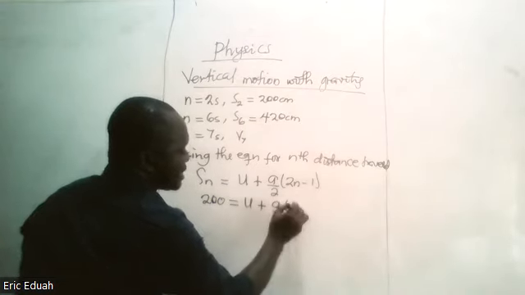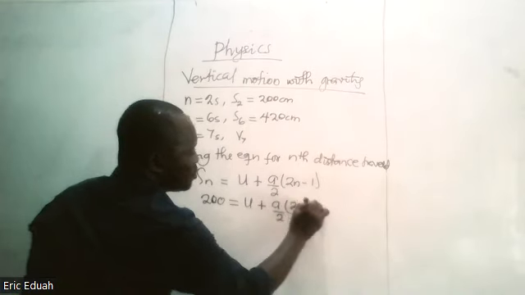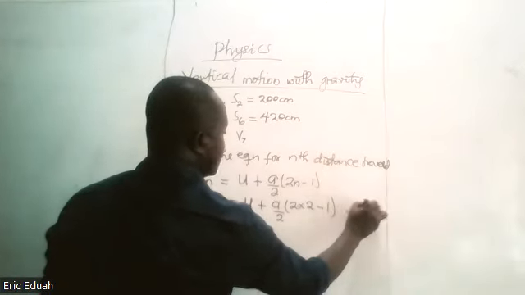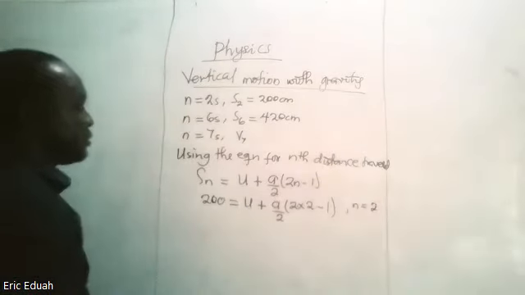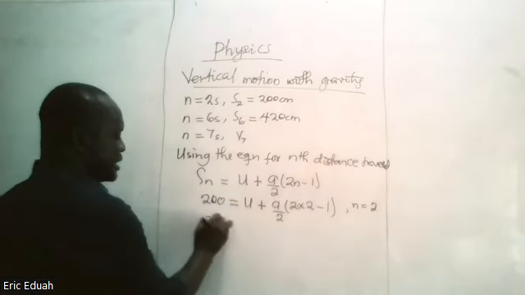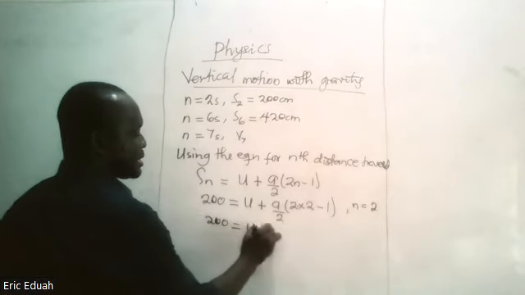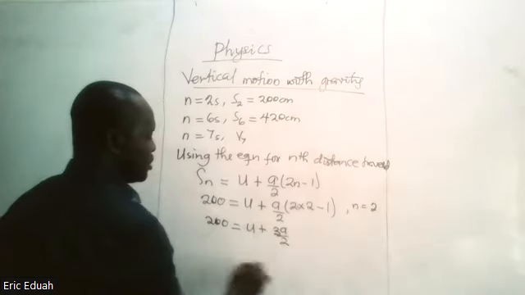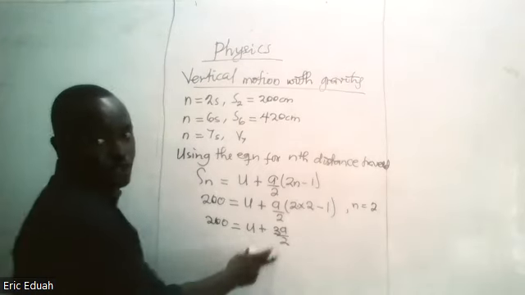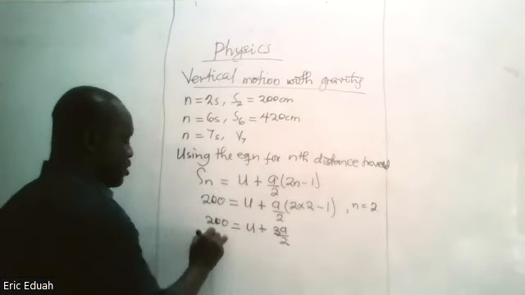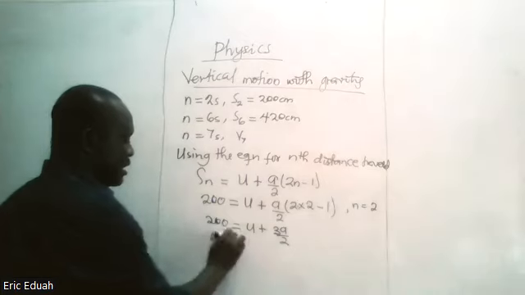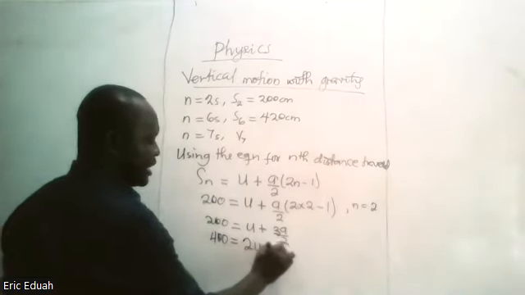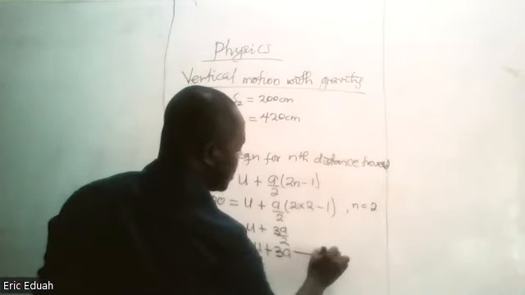Okay, let me be systematic. So 2 by 2 minus 1, because n is equal to 2. And so we have 200 is equal to U plus 3A on 2. When we multiply by 2 in order to eliminate the fraction, we have 400 is equal to 2U plus 3A as equation 1.